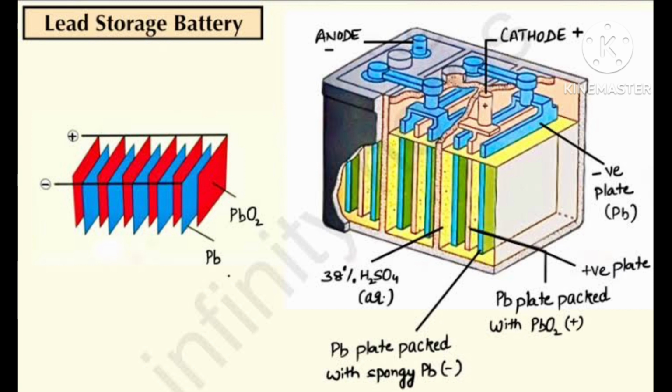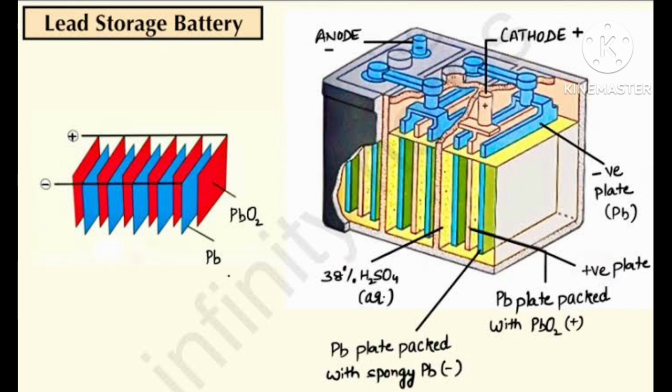On the right side, PbSO4 is forming at anode and also lead sulfate at cathode, so 2PbSO4 plus 2H2O. This is the net cell reaction.